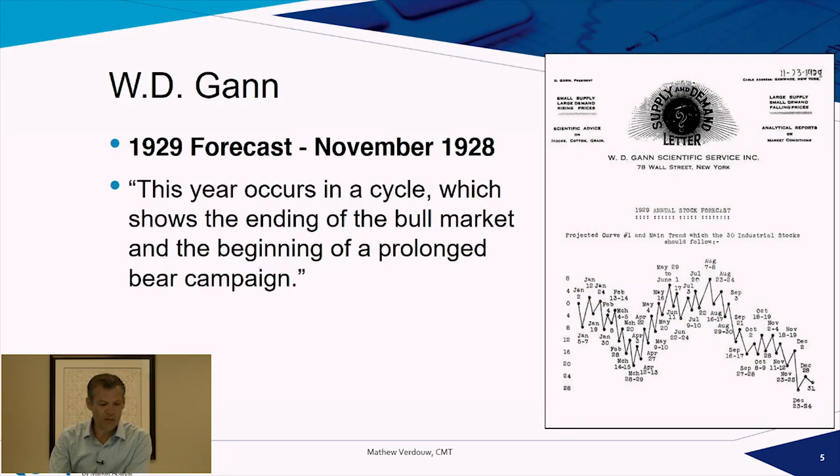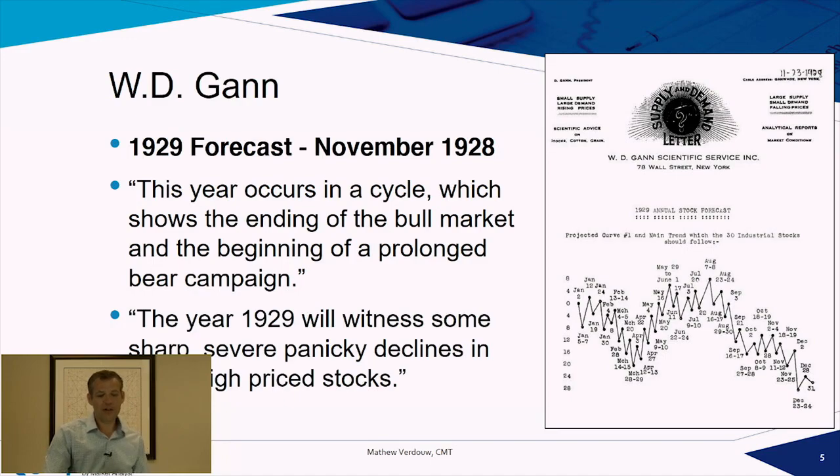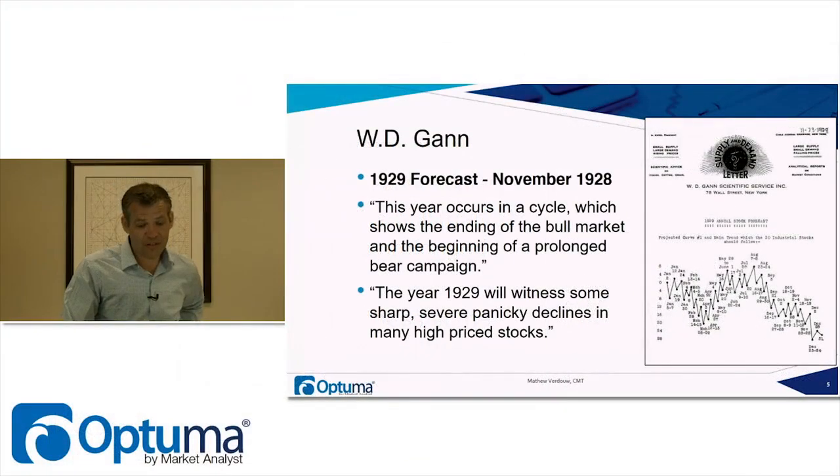He goes on to say that this year occurs in a cycle that shows the end of the bull market and the beginning of a prolonged bear campaign. When we're talking about a 10-year downward bear market, we can give the guy a month leeway either side on that. The year 1929 will witness some sharp, severe, panicky declines in many high-priced stocks.